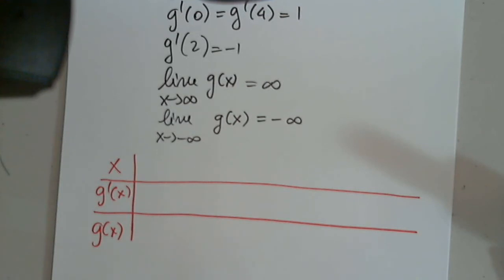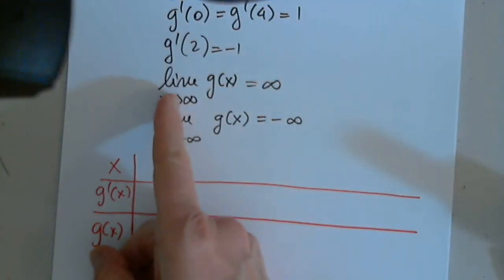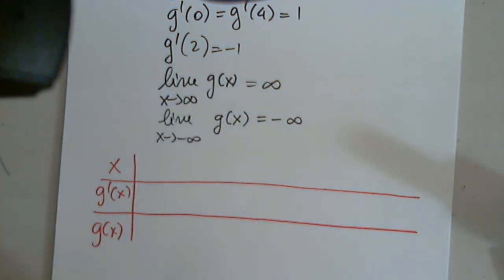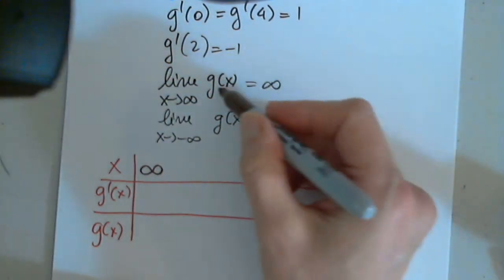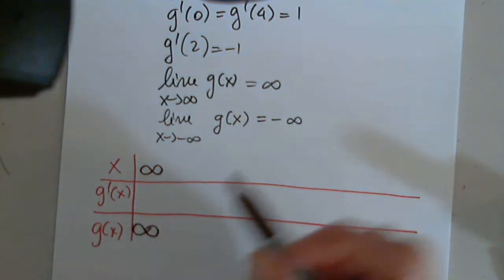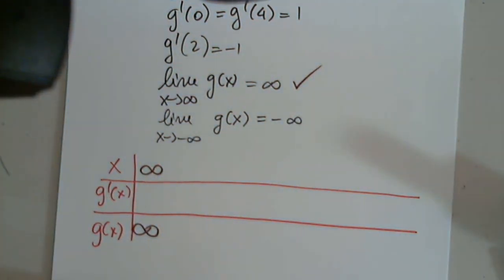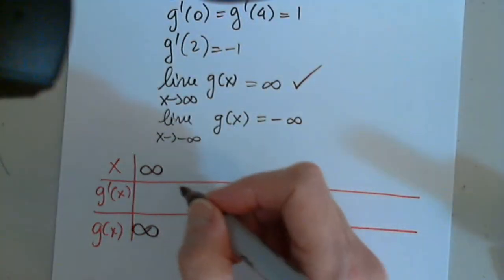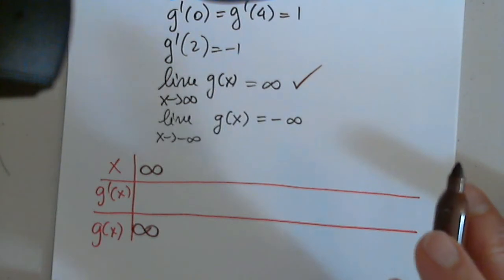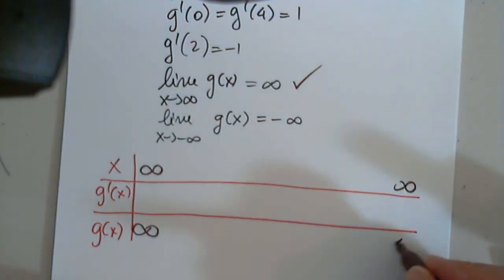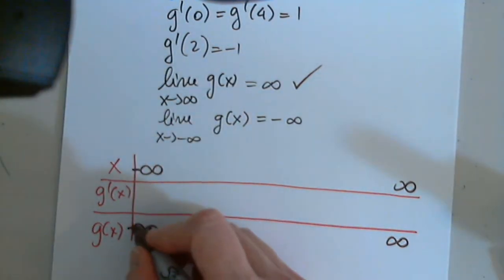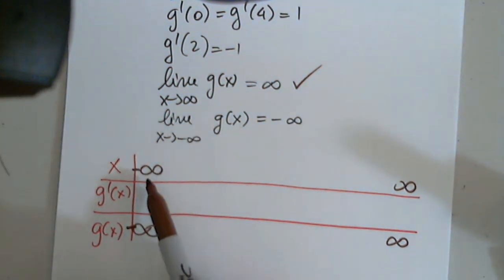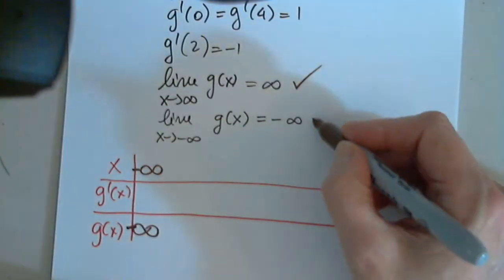Okay, so first of all, I'm starting with the limit of g of x as x approaches infinity. The limit of g of x is infinity. So this is accounted for. I didn't lose my mind. I promise you. So the limit of g of x as x approaches negative infinity is negative infinity.